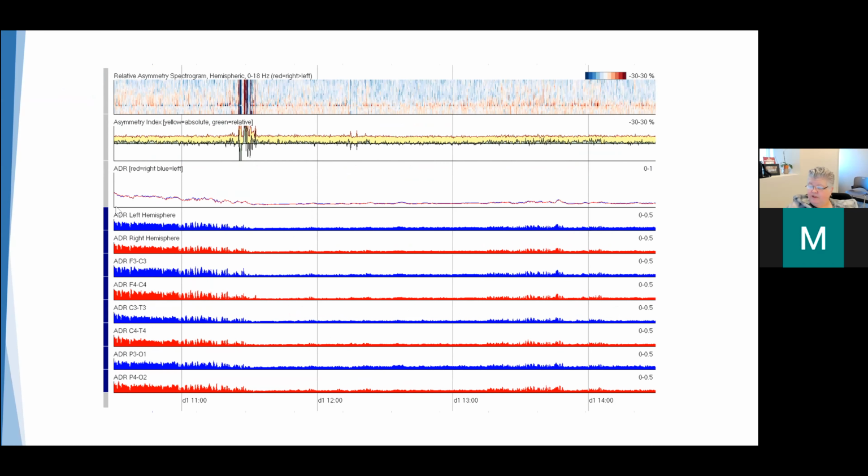Here's another example of a patient who didn't have a significant asymmetry in the alpha delta ratios, but a gradual decrease in alpha delta bilaterally. This is a patient who actually went into atrial fibrillation and had a global decrease in perfusion.